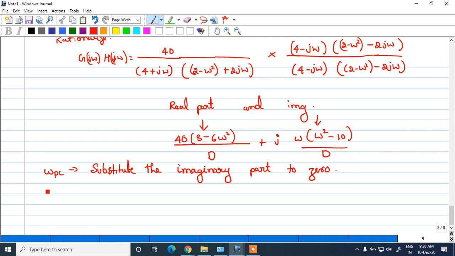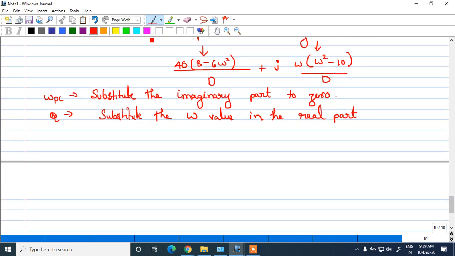If you want to get the value of Q, substitute the omega value in the real part.